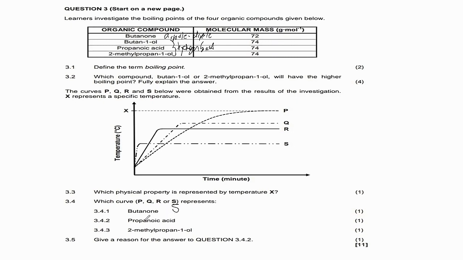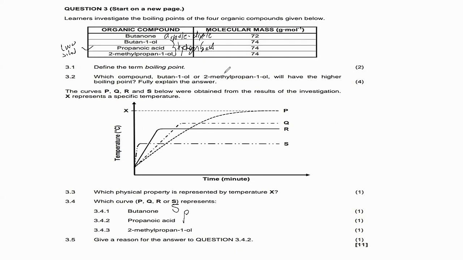3.4.2 says which one represents propanoic acid. Propanoic acid is a carboxylic acid, and we know all carboxylic acids have two sides of hydrogen bond. So it has to be represented by the curve that has the highest boiling point, which is curve P. Now for 2-methyl-propan-1-ol, we are only left with Q and R to decide upon.